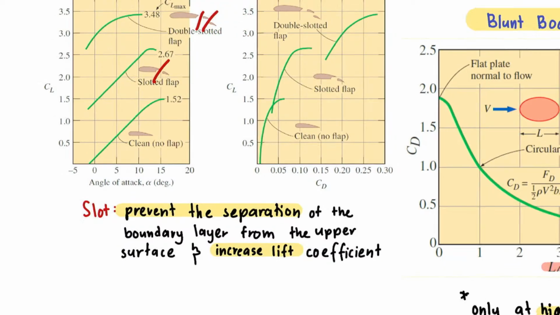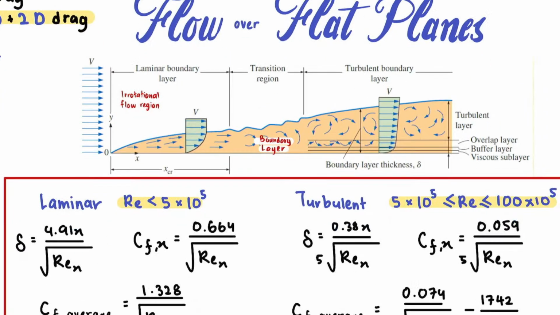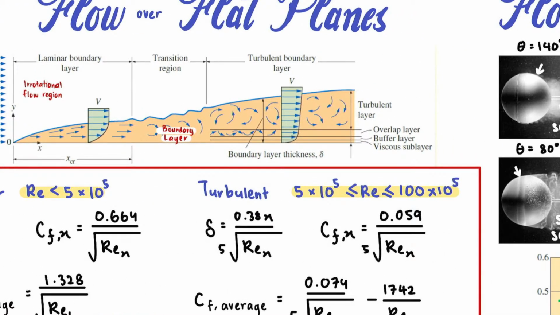And okay, what can I say? So this is what happens when a fluid separates from a body. If somehow we can decrease the length here, how would we do that? We would start another surface.